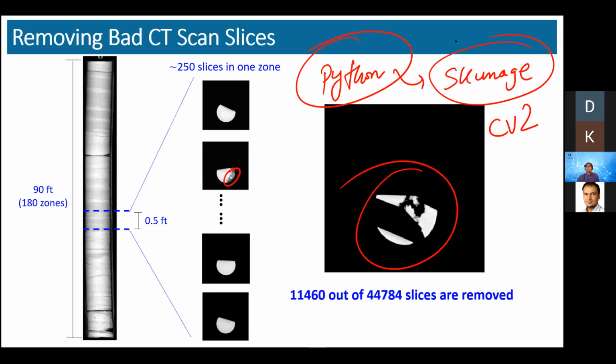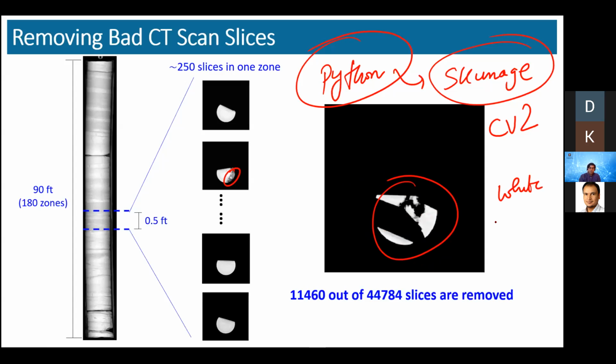In skimage, there is a simple function that can count how many clusters, how many broken islands, how many different regions you have. Let's say we run that algorithm and it says there are 4 clusters. And we run another algorithm which says that the volume fraction of the white component is, let's say, less than 10% in this entire image.